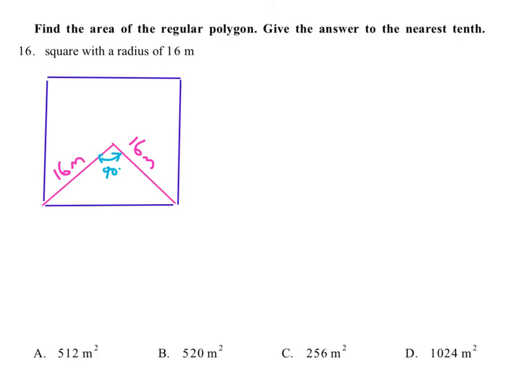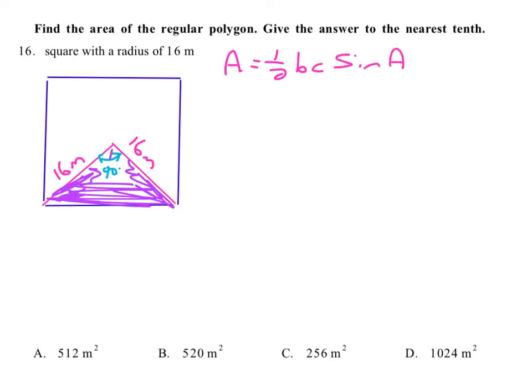And we have this cool formula that we just learned, which is you can find the area of this little triangle. What we're finding would be the area of this triangle here, by saying the area is equal to 1/2 B times C times sine of A, the angle in between them.